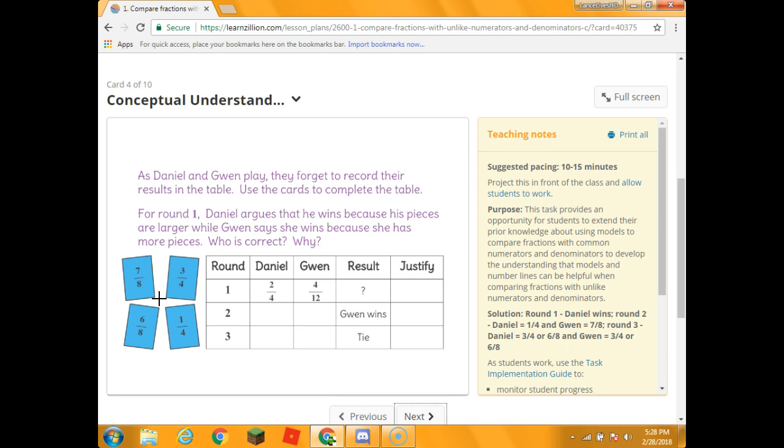So let's figure it out. So I just figured it out, and this one goes to this one, and both of these go here, and when Gwen wins is 7/8 to 1/4.